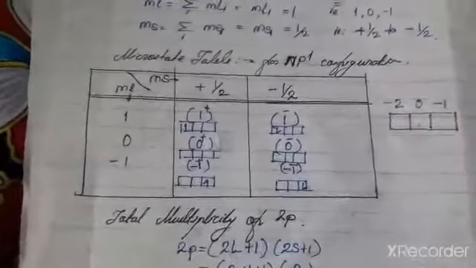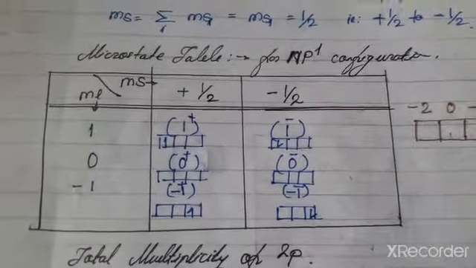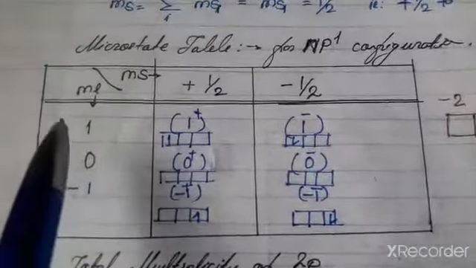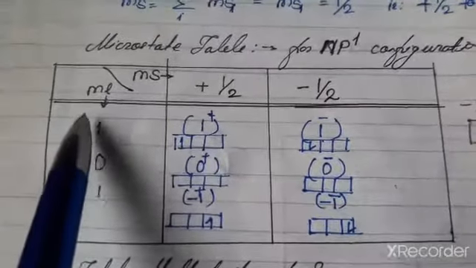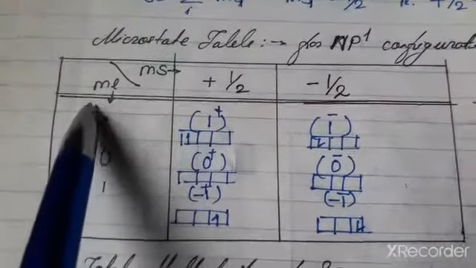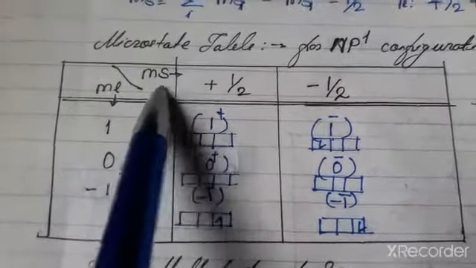Now here is the microstate table for the np1 configuration. In the microstate table, we write the ml values vertically in a column and the ms values in horizontal rows.